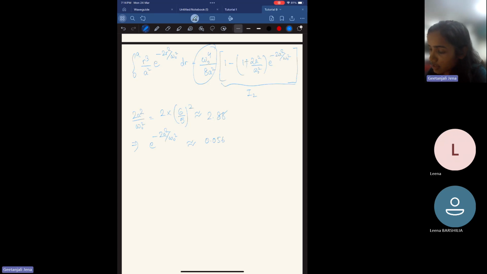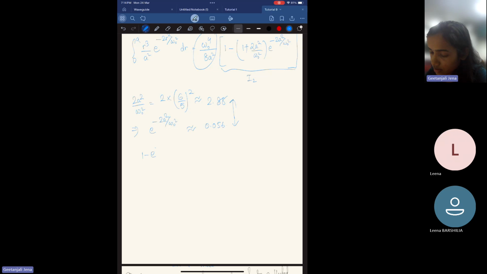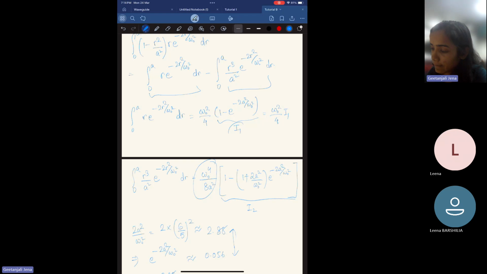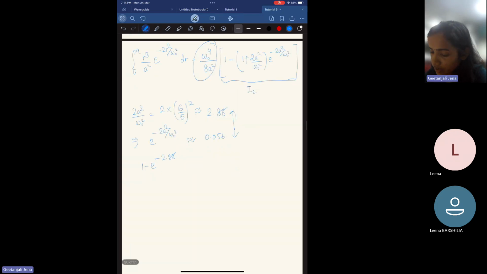Let us calculate 1 minus e to the minus 2.88, which is I1. I1 will come around 0.944.